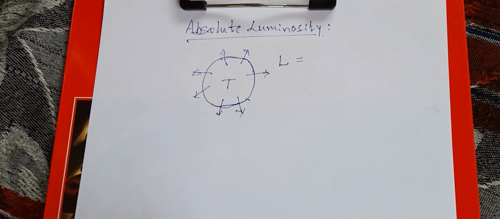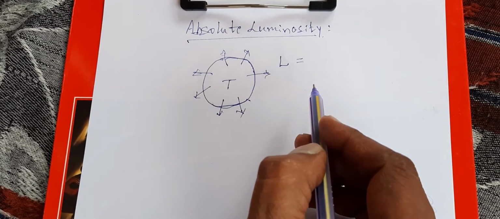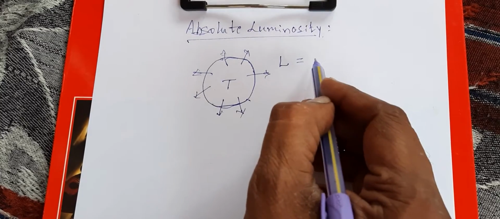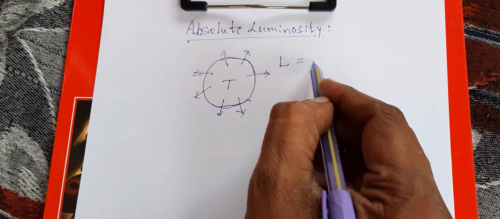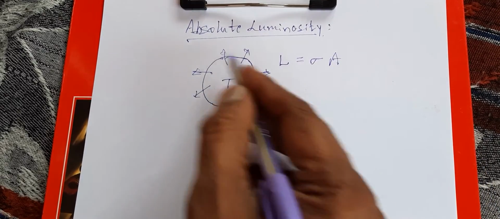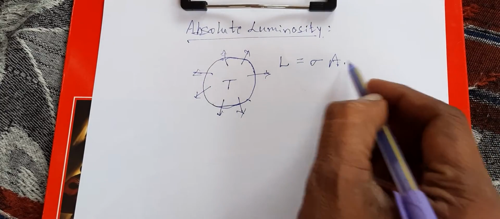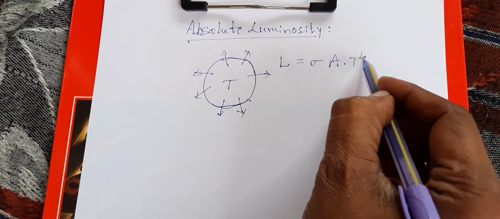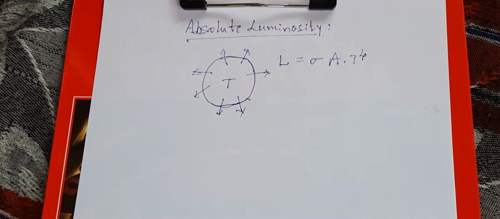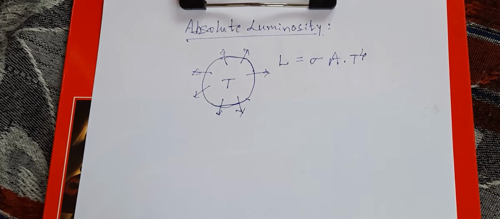Luminosity, or the amount of light energy that is radiated from the hot body or the black body, is called black body radiation. So L is equal to sigma into the area of that surface which is emitting the radiation into T to the power 4. T is the absolute temperature of that hot body.